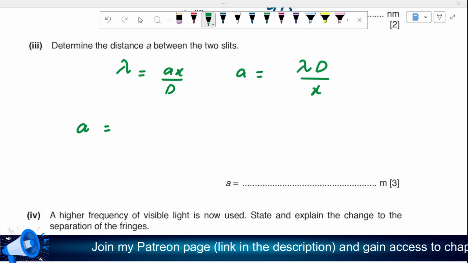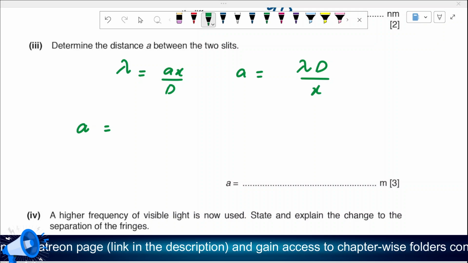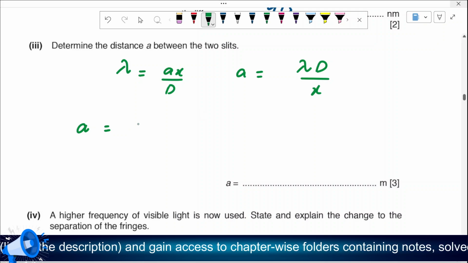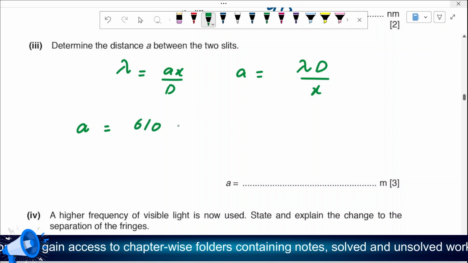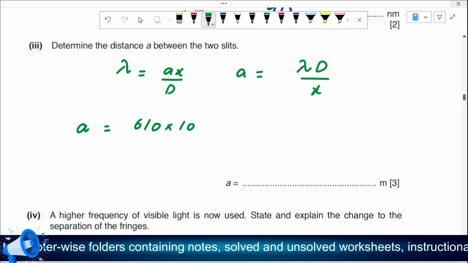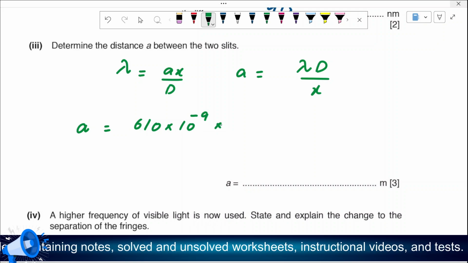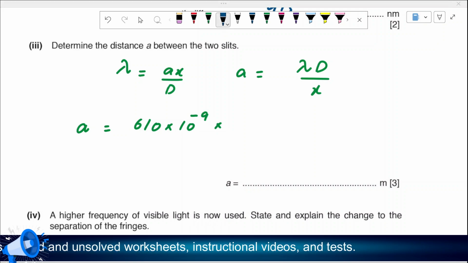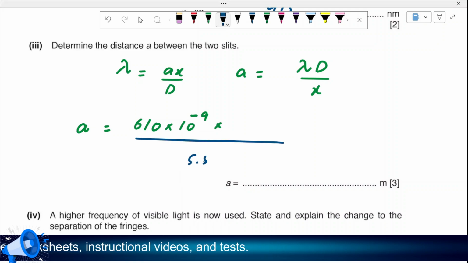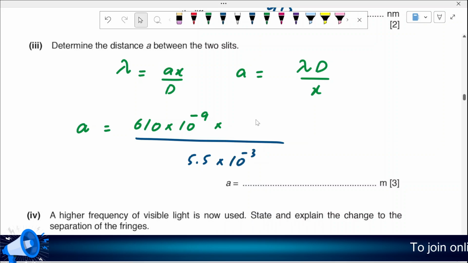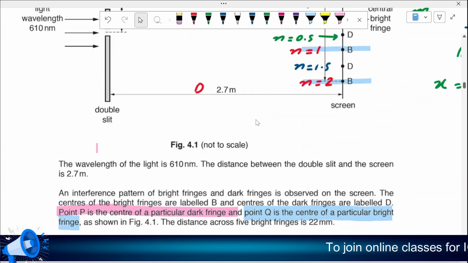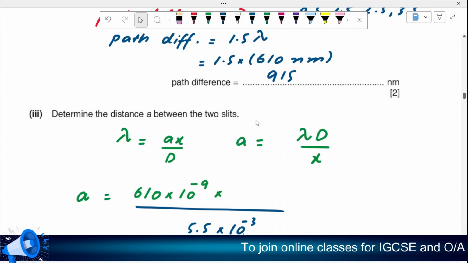Let us insert the values in this one. Lambda was 610. Yeah, this time we need to answer in meters. So 610 into 10 to the power minus 9, and the value of x was 5.5 millimeters, so 10 to the power minus 3, and d is slit to screen distance, is 2.7.